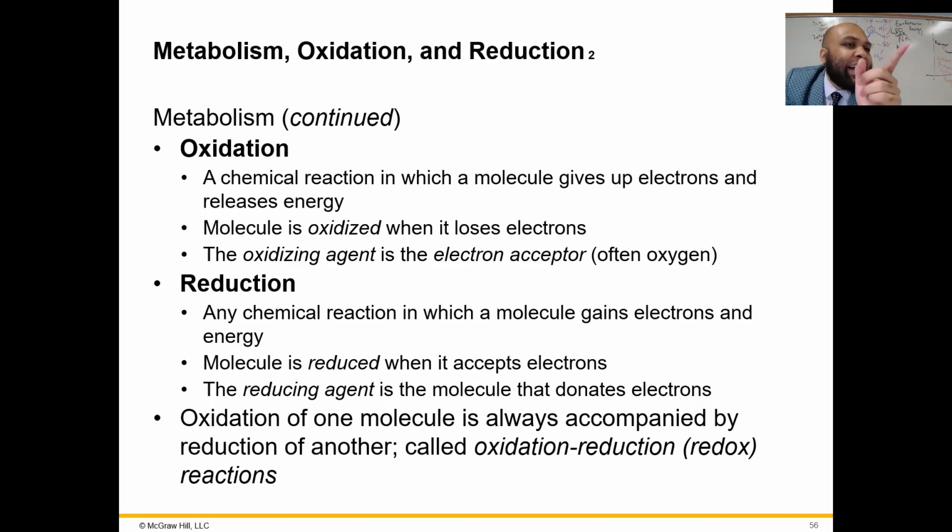If it's oxidized, that means it is what kind of agent? Oxidizing agent or reducing agent? If you are oxidized, that makes you the reducing agent. If you are reduced, that makes you the oxidizing agent.